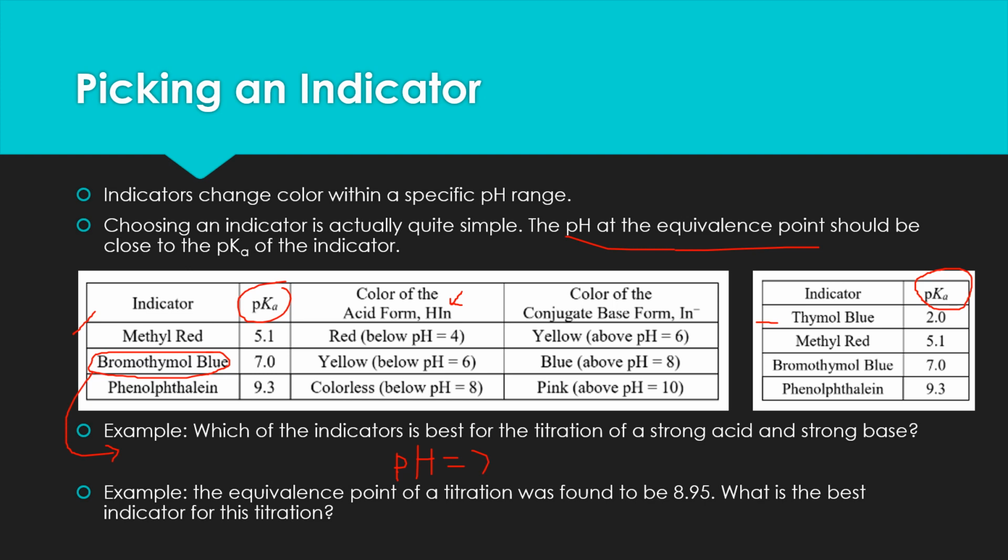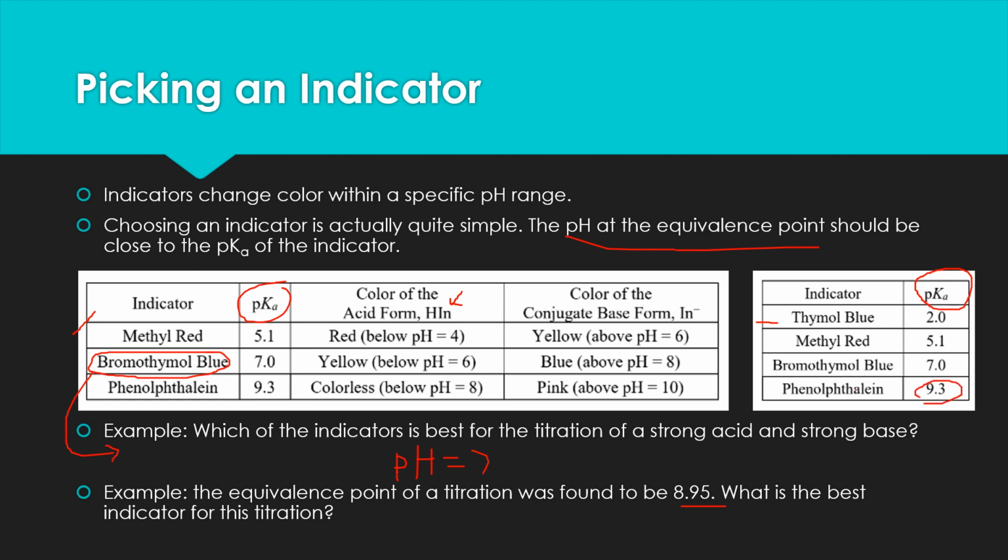All right, how about this one? The equivalence point of a titration was found to be 8.95. What is the best indicator for the titration? All right, well, 8.95. Is that closer to 7 or is that closer to 9.3? Should be closer to 9.3, so I'm going to circle it over here.